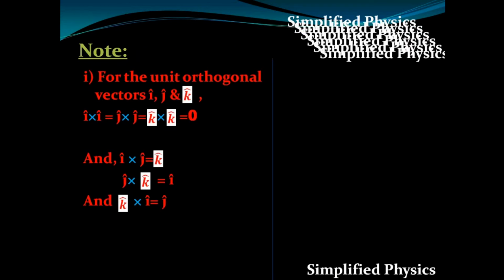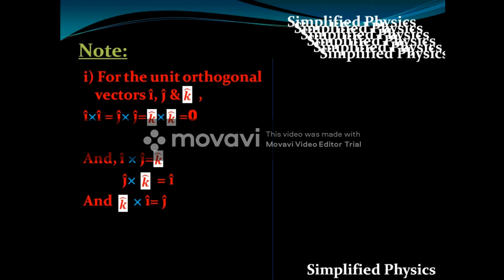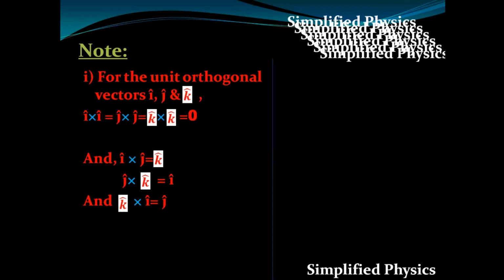Let's check for the unit orthogonal vectors i, j, k. i cross i, acting in the same direction, that means the angle between them is 0 degree, so simply we get 0 for i cross i, j cross j, and k cross k.